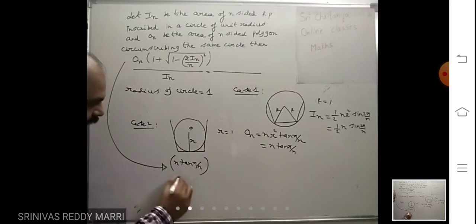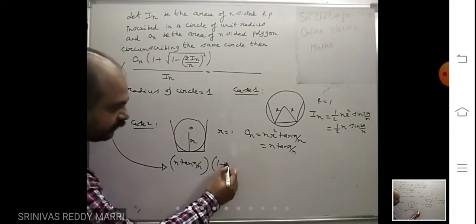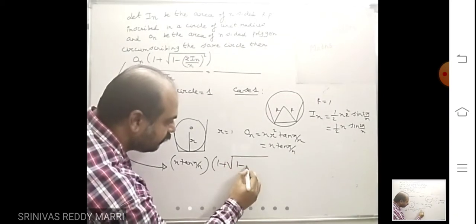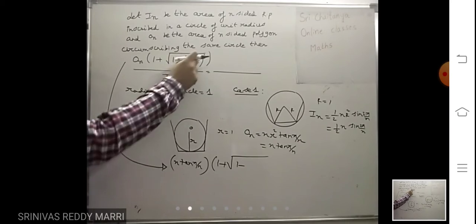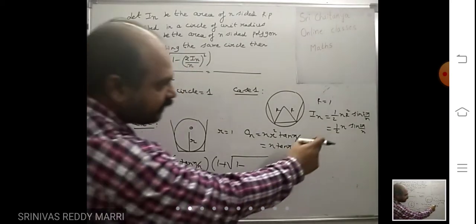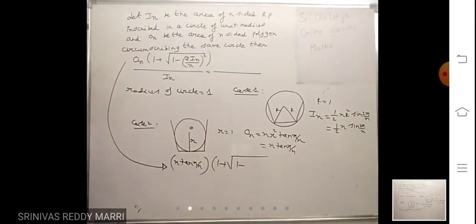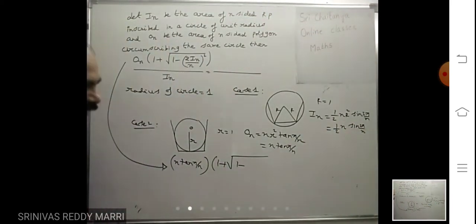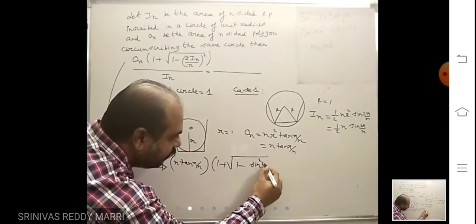n tan pi by n into 1 plus root of 1 minus, look here, 2 by n into IN. 2 by n into IN means, if you multiply this with 2 by n, n by 2 will get cancelled, and we get sine 2 pi by n whole square.